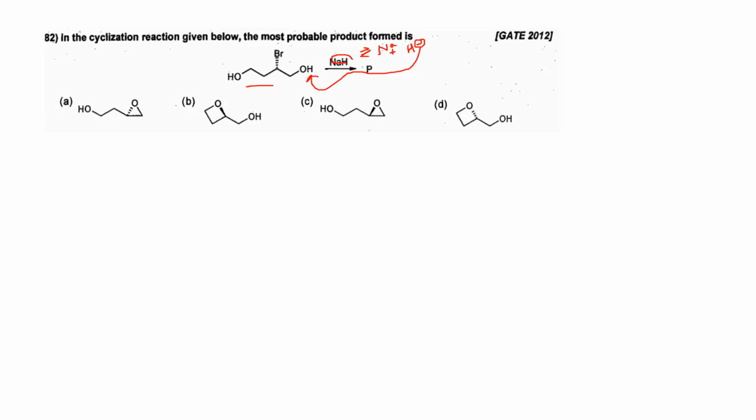So how will this reaction go? What will be the stereochemistry of the product after the reaction? We know that in the case of SN2 there will be an inversion of configuration. Now just think.